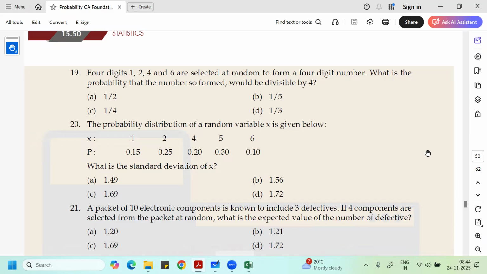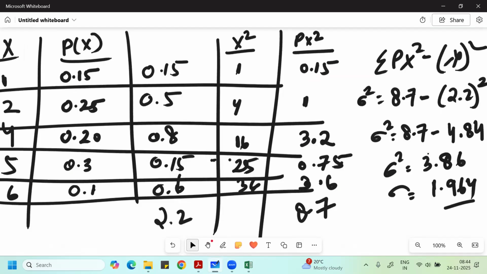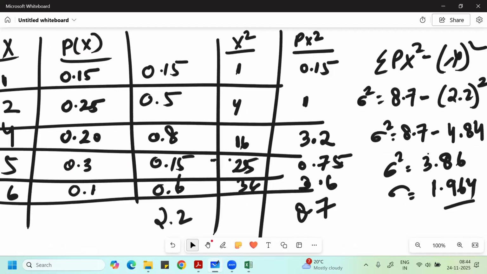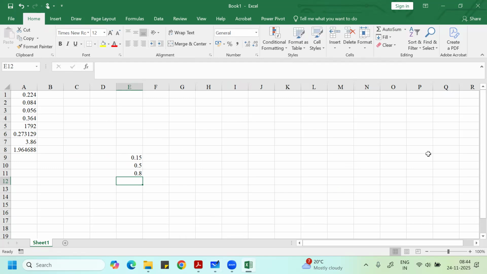Finding the mean value: 0.15, then 0.5, then 0.8, then 0.15, 0.6. This is 3.55. If I do the sum, it is 2.2.